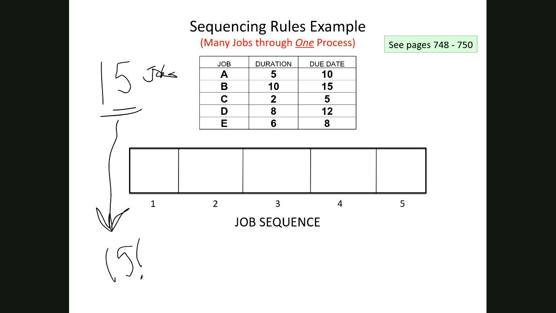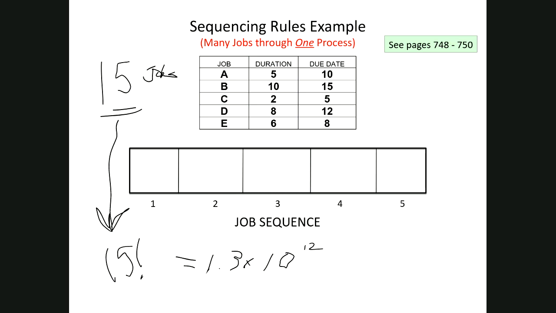If you go to your calculator and evaluate this, it turns out that 15 factorial equals 1.3 times 10 to the 12th power.